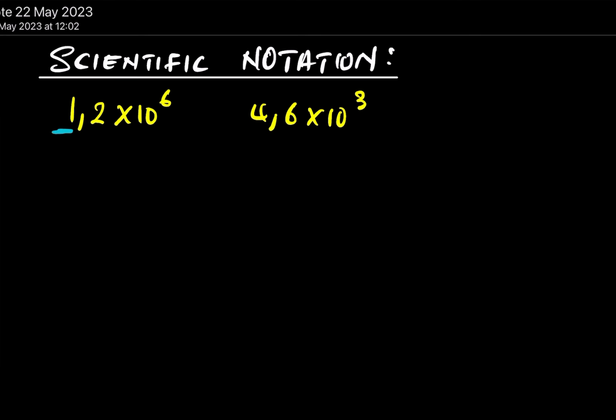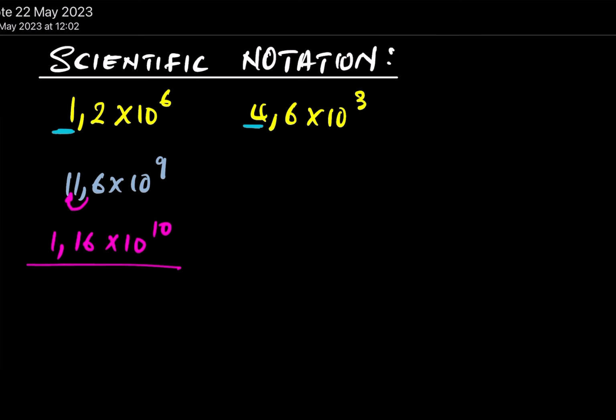Now, I'm going to move this decimal to the left. So that is going to give me 1,16 multiplied by 10 to the power... I move to the left, so I'm going to add 1 to the exponent there. Just going to try and balance it. This is going to be 10 to the power 10. So that is now in scientific notation.